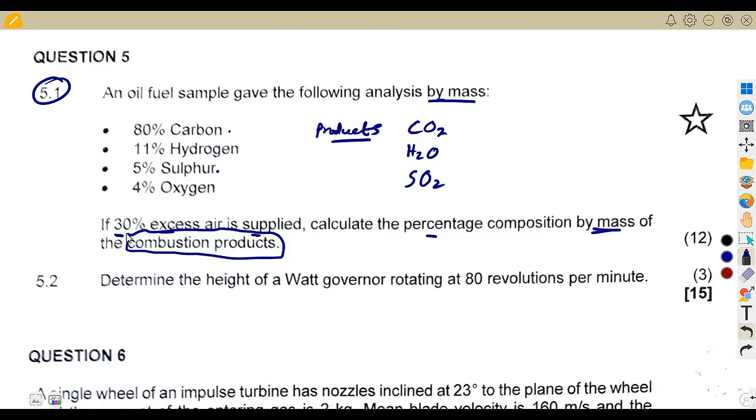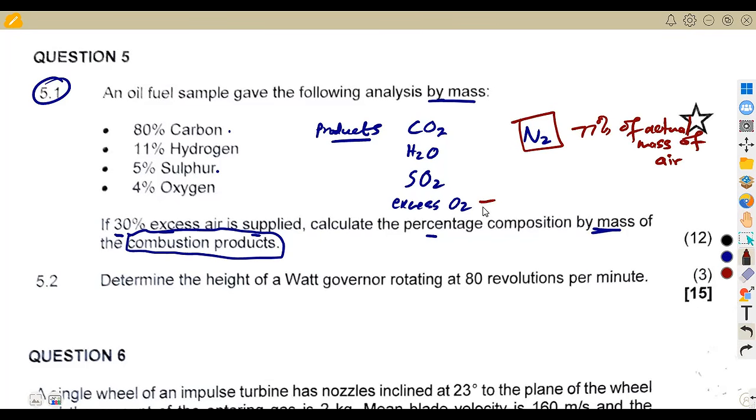Then for the excess percentage, we're going to have excess O2. Then also the nitrogen, which is part of air. Remember, nitrogen by mass contains 77% of the actual mass of air, so that is the condition you're going to have for N2.